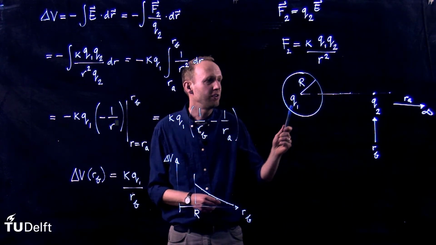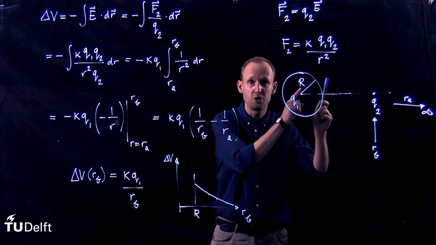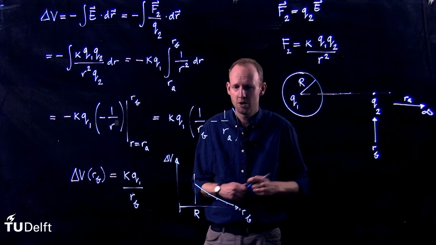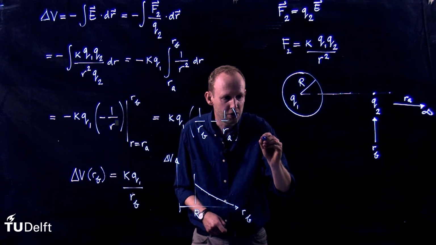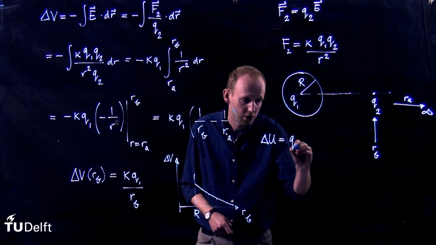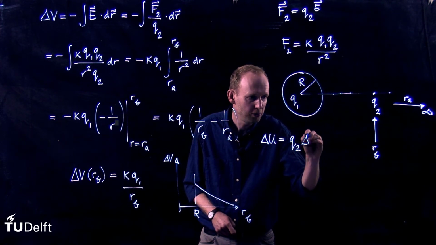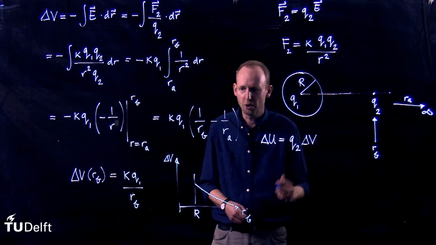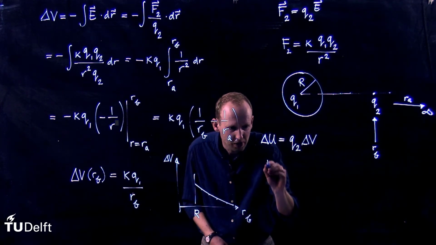But now we're interested not just in the potential, but also in the potential energy that is experienced by this charged particle Q. So we know that the potential energy, delta U, will be the charge, Q2, times the potential. Now, if Q2 is positive, then it will be a very similar graph.